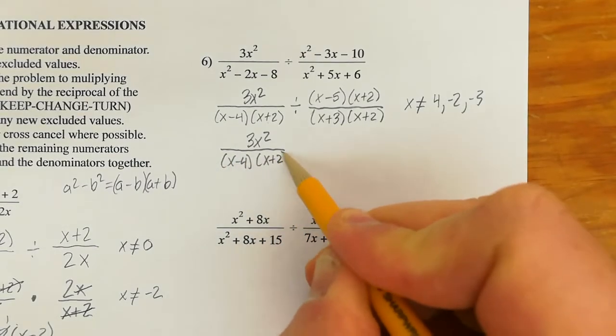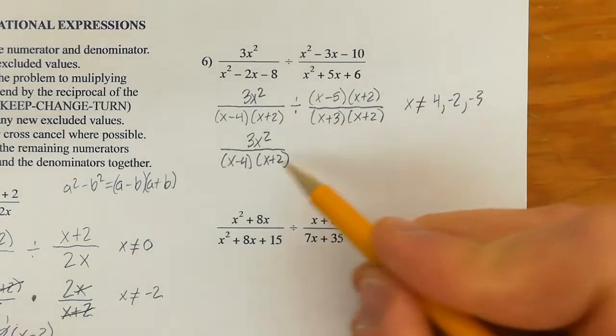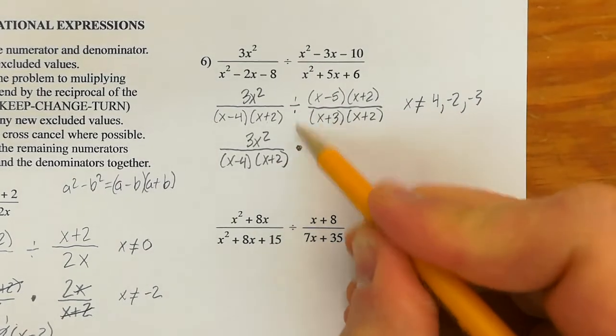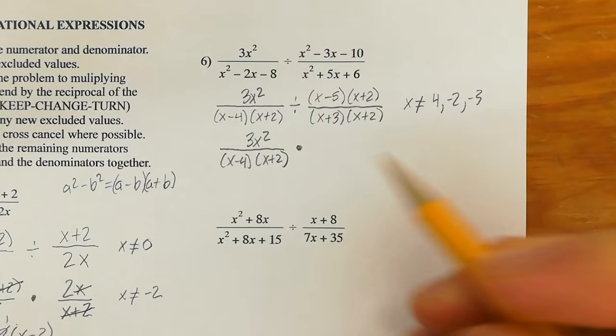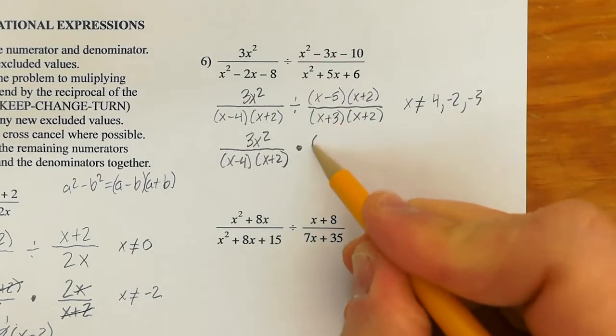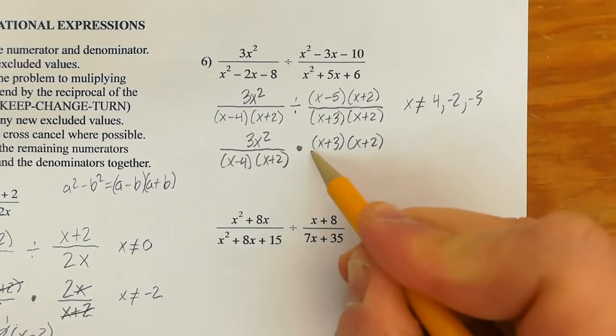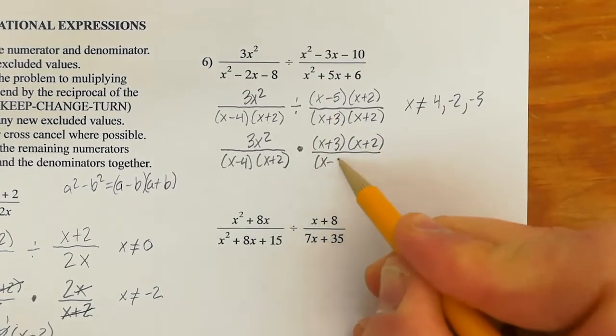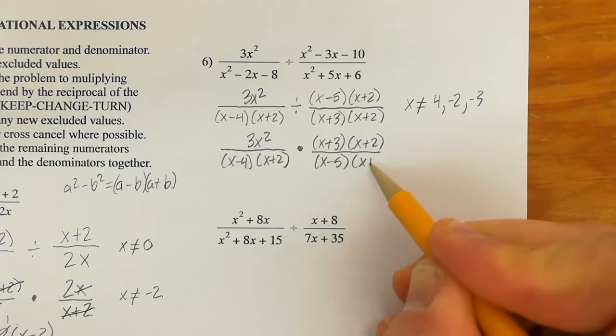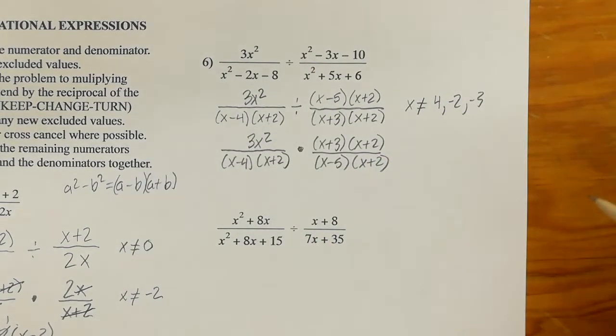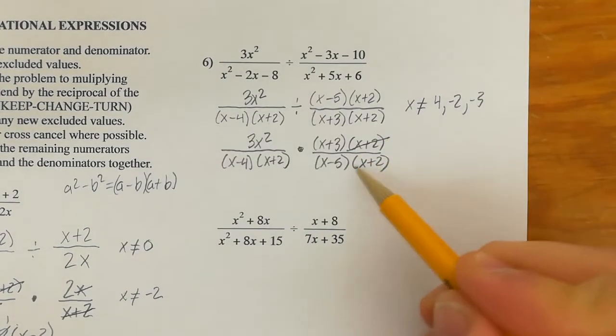And to do that, again, that's step 3 over there. You keep the first fraction, change the operation to multiplication, and then you flip this fraction. So we'll have x plus 3 times x plus 2 in the numerator, and x minus 5 times x plus 2 in the denominator. Now we can go ahead and freely cancel here.